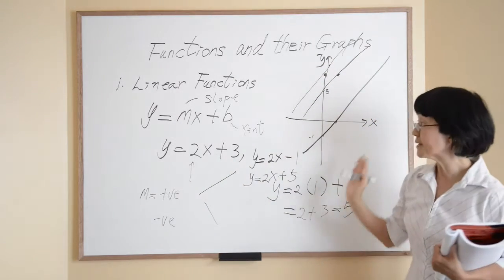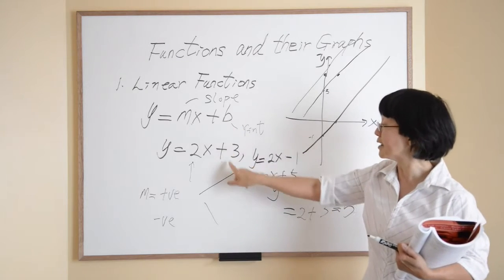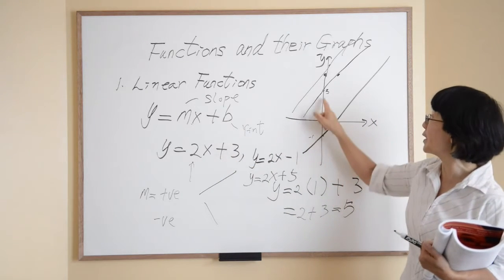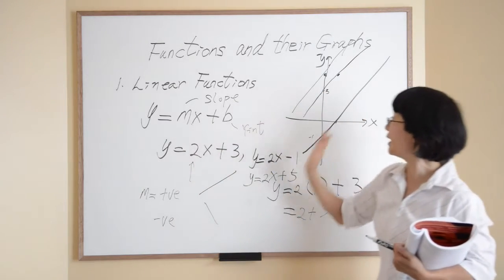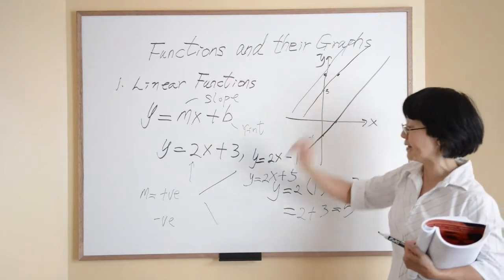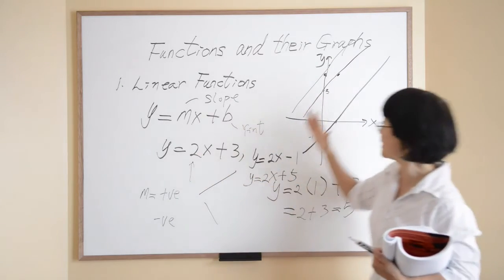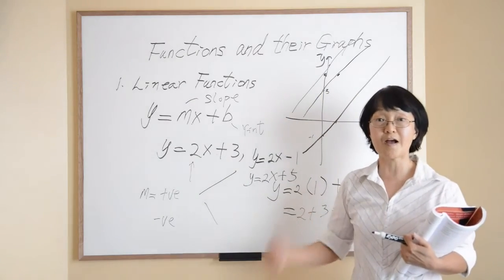This value here is very significant; it tells you where the line cuts the y-axis. And this value tells you the slant. The bigger the number, the bigger the slant. If it's a negative number, it slants this way. So that's the linear function and its graph.